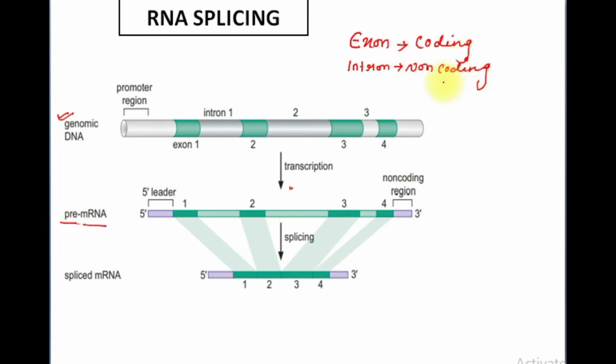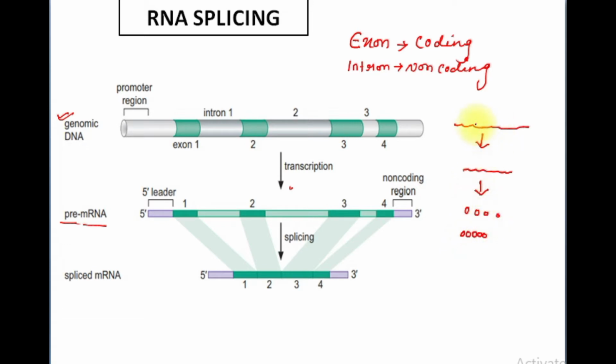Here we have a DNA, and from this DNA we get an RNA or mRNA. From this mRNA we get amino acids. When these amino acids join together, they form a protein.